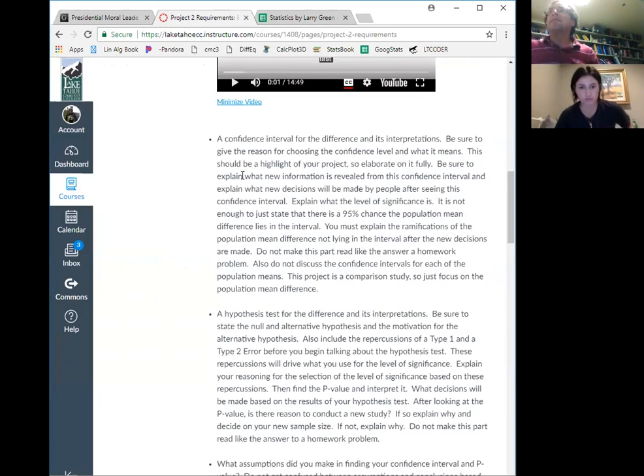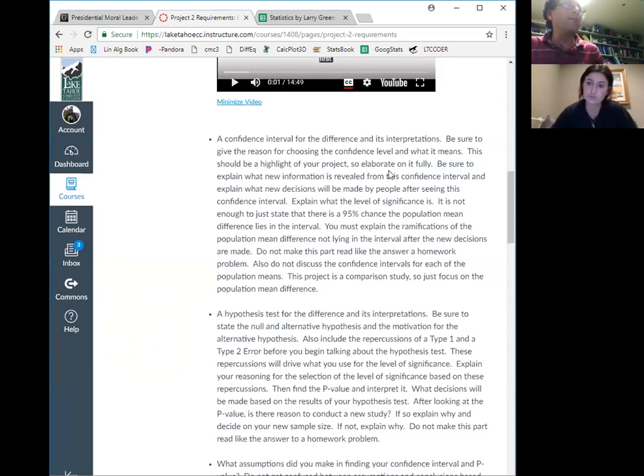So you need to do at least a full paragraph on the confidence interval for the difference. Just like in Project 1, everything you do should be about why you care. When you get that confidence interval, what does it tell you? It's helpful to have a client.